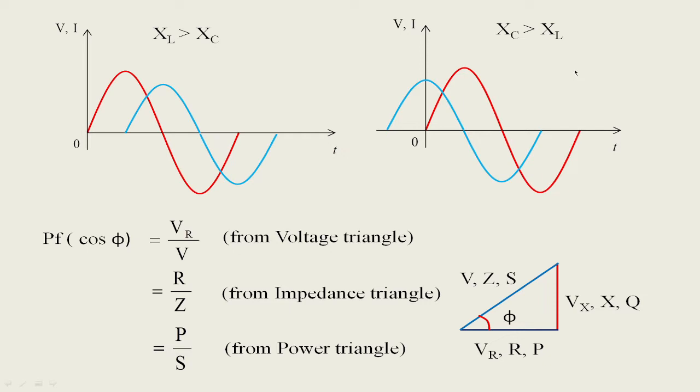And from that analysis, we have estimated the power factor, which could be calculated with the help of the voltage triangle or impedance triangle or power triangle. We have to take the inputs from the single phase AC circuit when they are applied to the RLC series circuit, and then we are going to understand the exact concept of resonance.